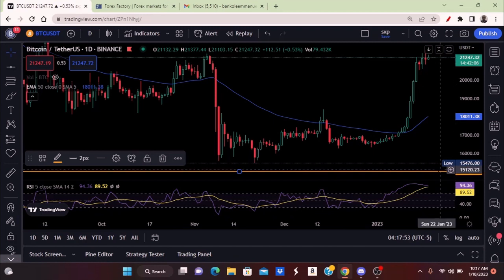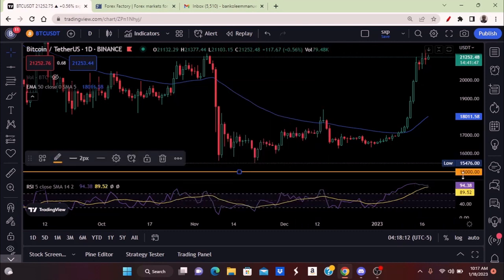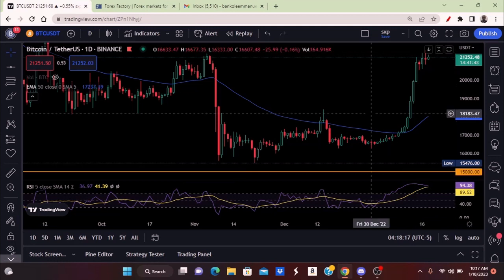We do not actually mark the exact level. For you to be precisely on the 15,000 level, you come to your settings, go to coordinates, and change it to 15,000. When you say okay, it's going to adjust the line. You can see it is exactly on 15,000 USDT.